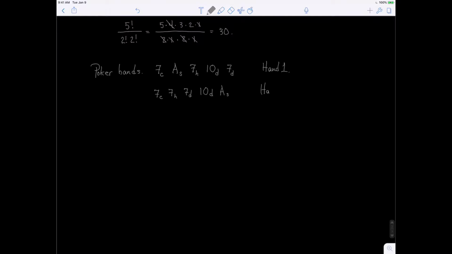When I rearrange those, we'll call this hand 2. Now it's very easy to see that I have a 3 of a kind, which is a pretty good hand. So the idea here is that the order of the cards that were dealt does not matter, and we're going to continue on this idea.